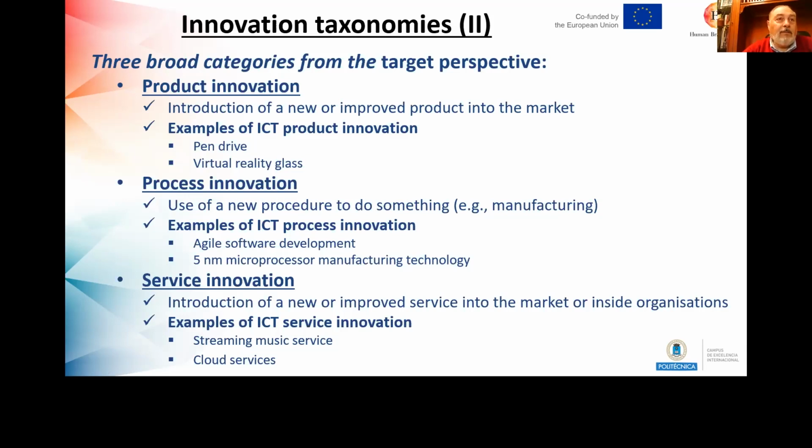Or, for instance, the manufacturing technology for microprocessors at 5 nanometers, which is the state of the art today. Well, there are some examples with 3 nanometers, but 5 is very advanced. They need a very advanced lithography mechanism to manufacture this kind of microprocessor.